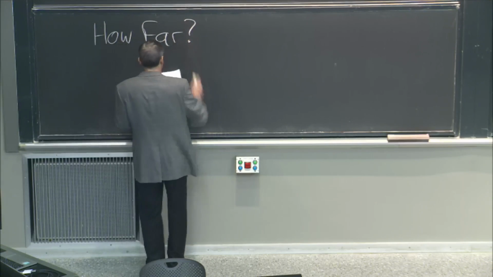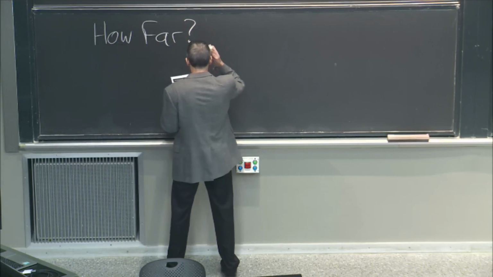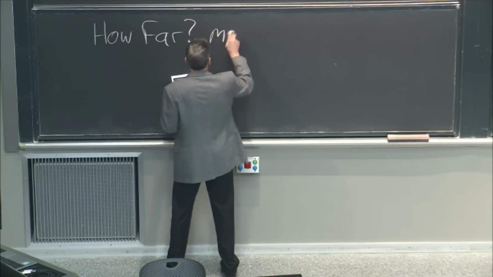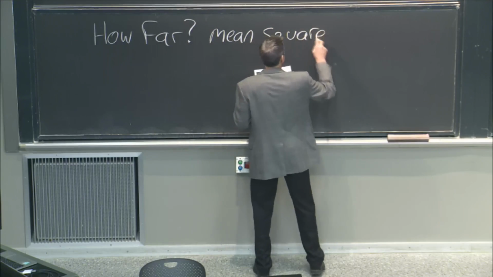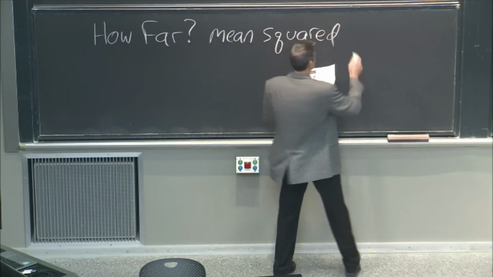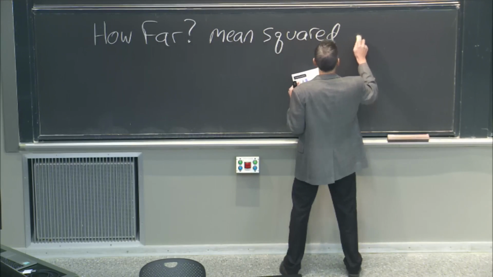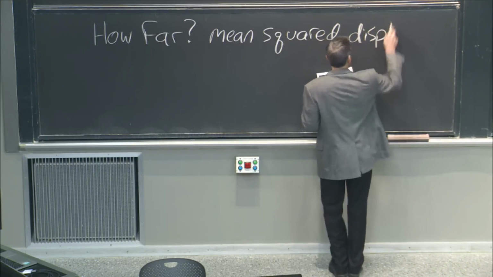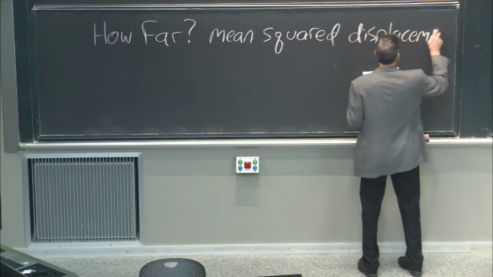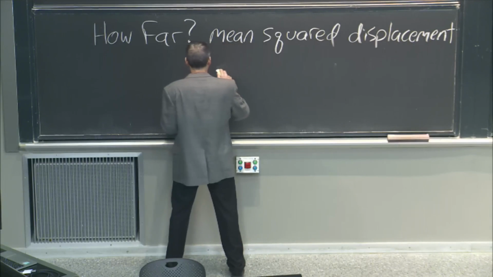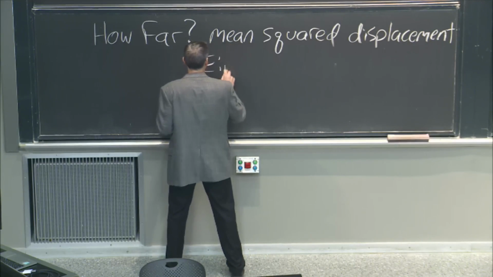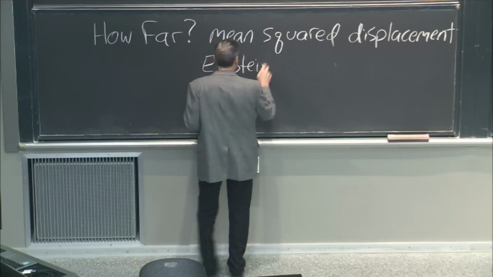Well, that was a question that you can answer if you can get the mean square displacement. Mean square squared? I don't know. I say tomato. And mean square displacement really came from Einstein in 1905.